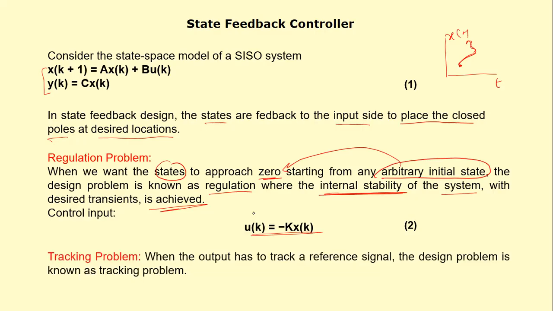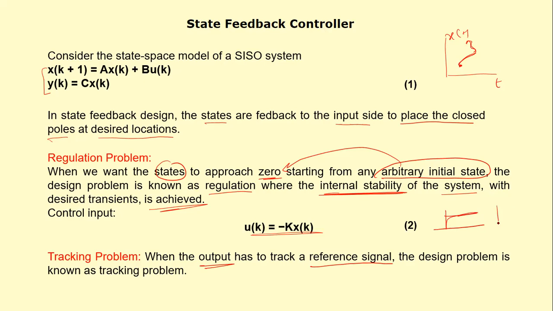Now then we have the tracking problem. In the tracking problem, the output, the response of the system, tracks the reference signal, right? So if the reference signal is, let us say, a step input, the output is tracked.